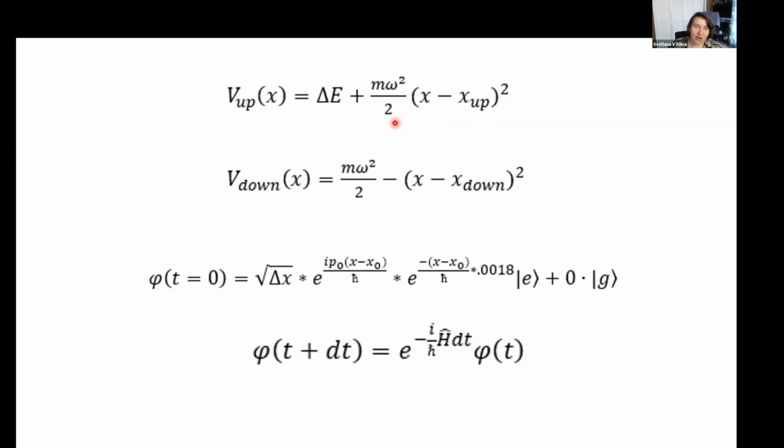Right? So technically your electron is moving, feeling the potential from the nucleus, and you represent this interaction through the parabola, through the, how do we call it, harmonic oscillator approximation for the potential energy.